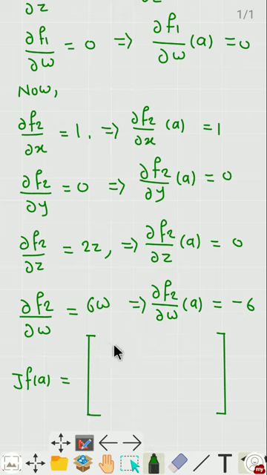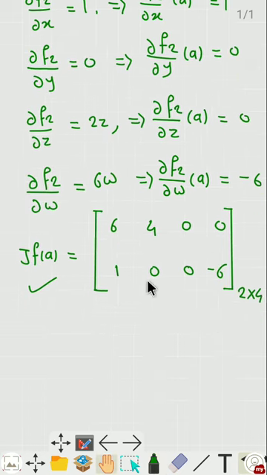The first row is 6, 4, 0, 0. The second row is 1, 0, 0, -6. Matrix of order 2 by 4. So this is the Jacobian of the given function at the given point.